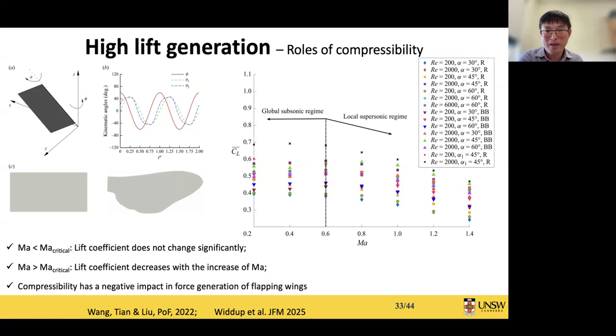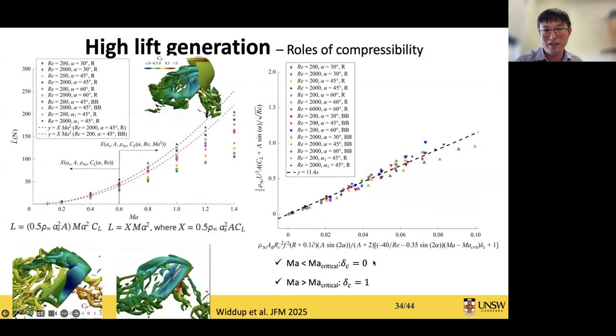When the Mach number is less than 0.6, there are no shock waves anywhere, but when it goes beyond 0.6, we can observe local supersonic flow and local shock waves. Therefore, the conclusion here is that compressibility has a negative impact on flapping fins. This conclusion is valid for different vanes, different Re numbers, and different angles of attack, as listed here. Now, the question is how we quantify this impact.